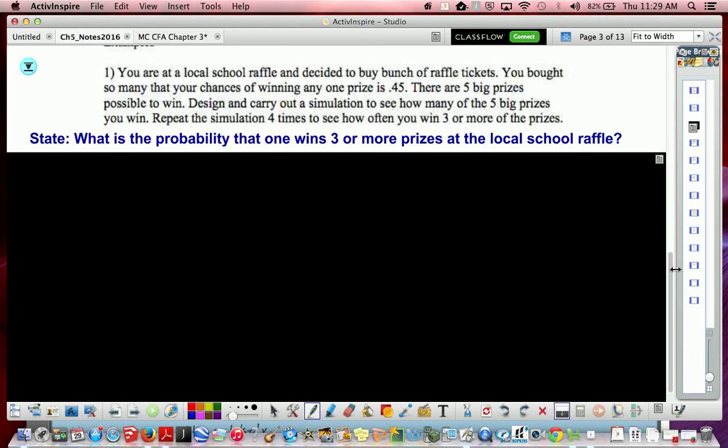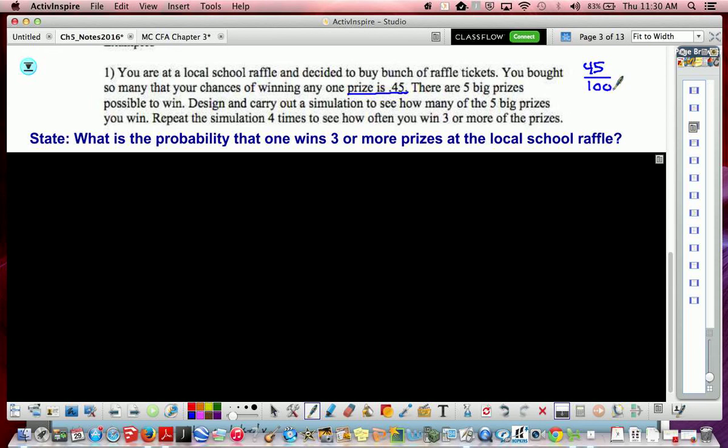So, what's going to be our plan? Well, I need to set up a simulation for each and every drawing of a prize. So what's the chance of me winning a prize? 0.45. If I think of 0.45 as a fraction, I could write it as 45 out of 100.